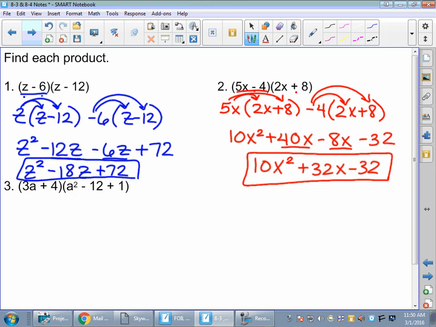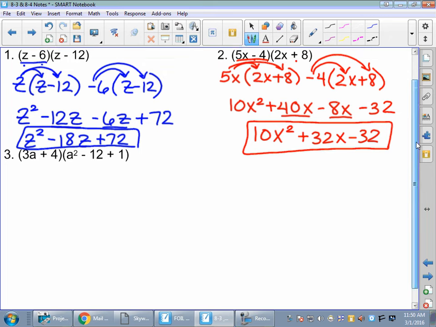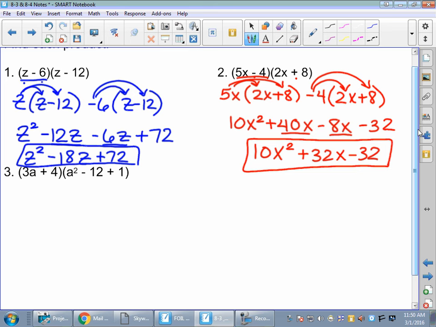Okay, number 3 is a little bit more difficult, because now you have a binomial, 2 terms, and then a trinomial, 3 terms. What I want to mention is that when you have a 2 by 2, a binomial times a binomial, we actually did 4 multiplications. z times z is 1, z times 12 is 2, 6 and z is 3, and 6 and 12 is 4.